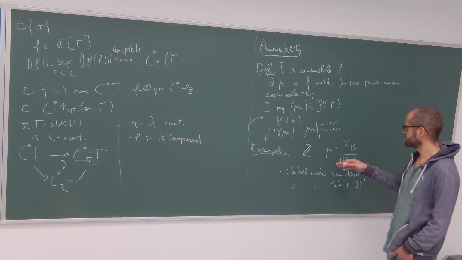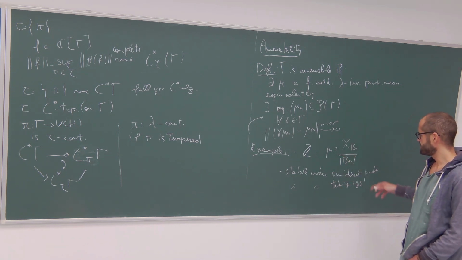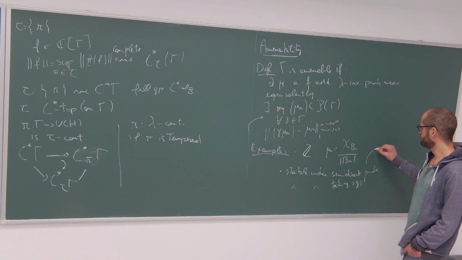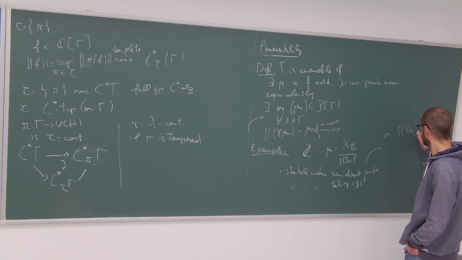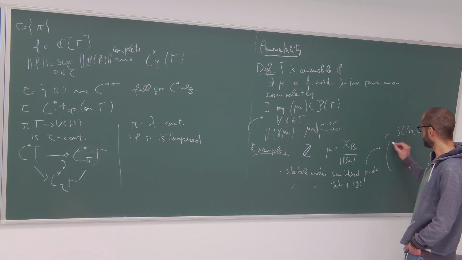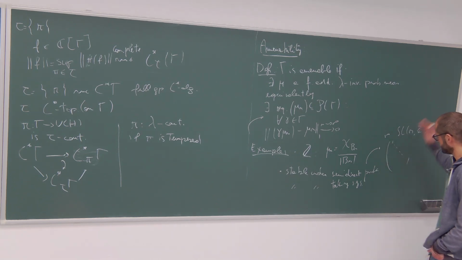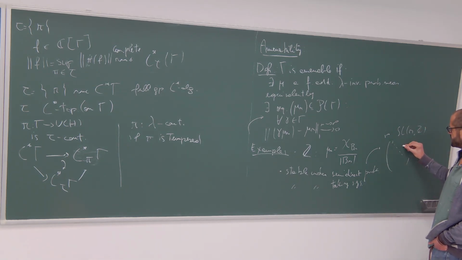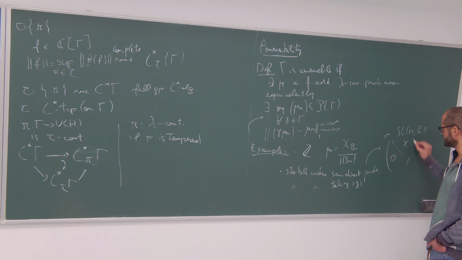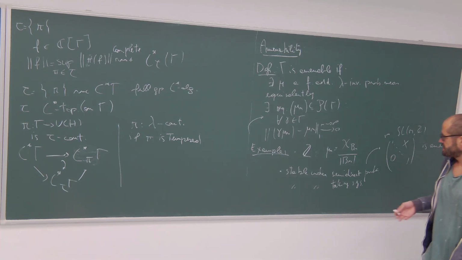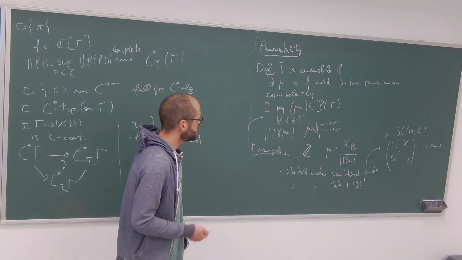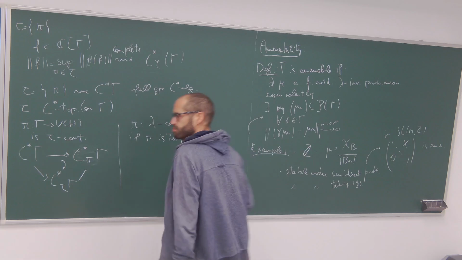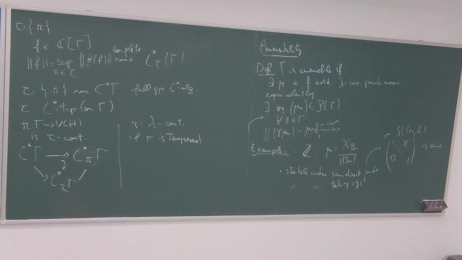So from the fact that it's stable under semi-direct products, we immediately obtain that, for example, in SL(2,Z), the upper triangular group, with 1 on the diagonal, something here, and 0 here, is amenable. And okay, now we have examples of amenable groups, and let's see if we also have examples of groups which are not amenable.